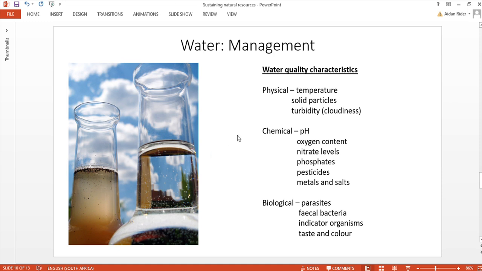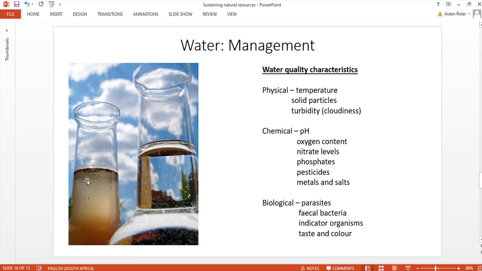Okay, so there are three characteristics that we grade the quality of the water by, how good the water is. So first of all, we look at the physical characteristics, the temperature of the water. If the temperature is too hot, that's also a cause of bad quality. The amount of solid particles in the water. In this case, you can see there's kind of no soil in the water.